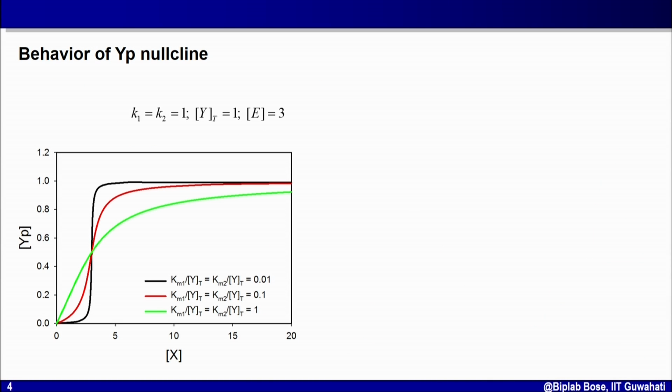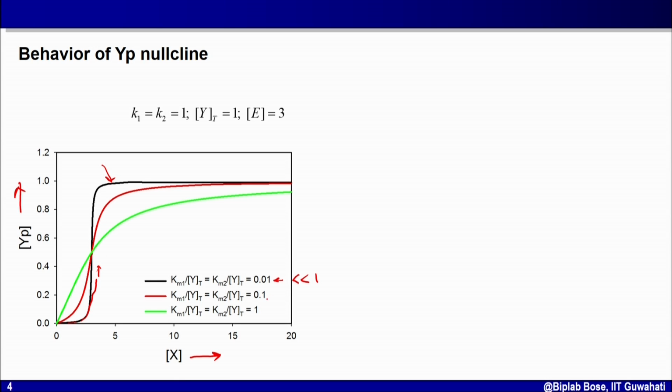Let us start with the yp nullcline. As I said, it will be a sigmoidal function. I have x on the horizontal axis and yp on the vertical axis. For example, when km1 by yt and km2 by yt are 0.01, much smaller than 1, we get a sharp sigmoid like this black line.